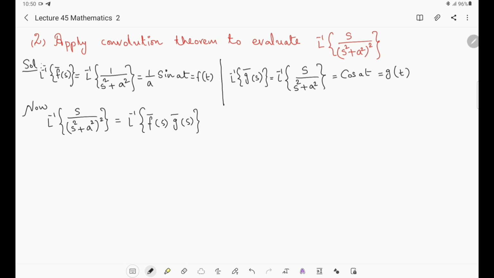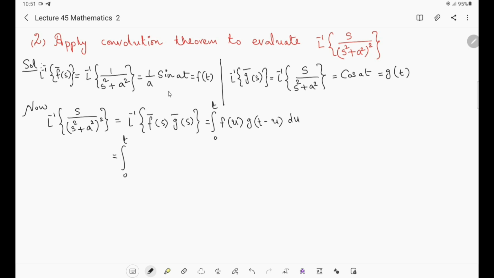According to the convolution theorem, this is integral 0 to t f of u g of t minus u du. So this is equal to integral 0 to t f of u.